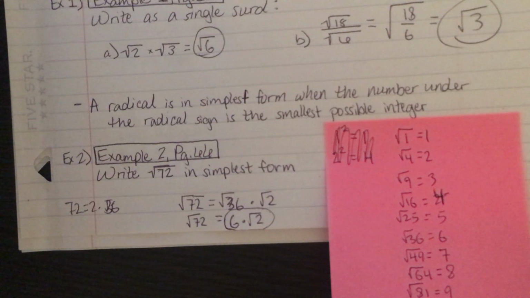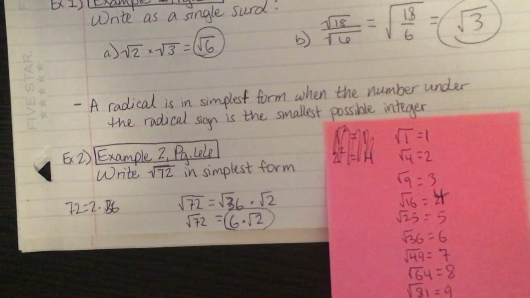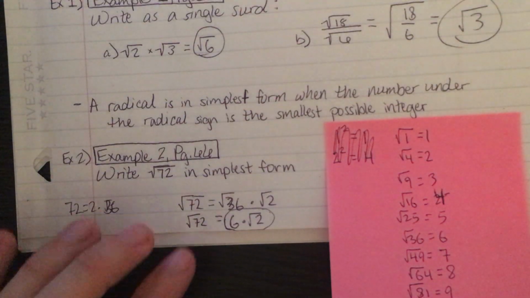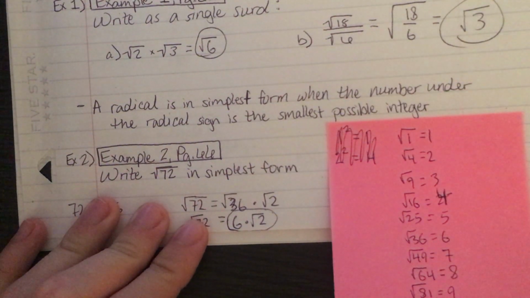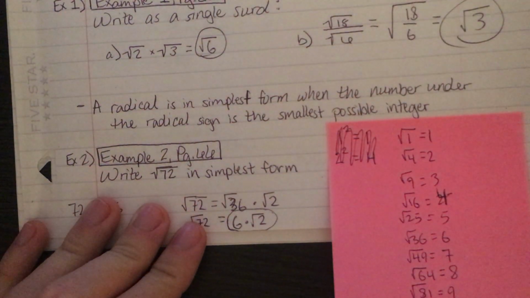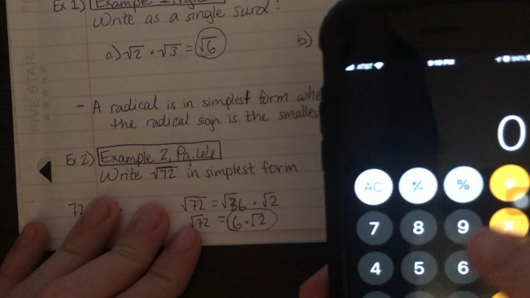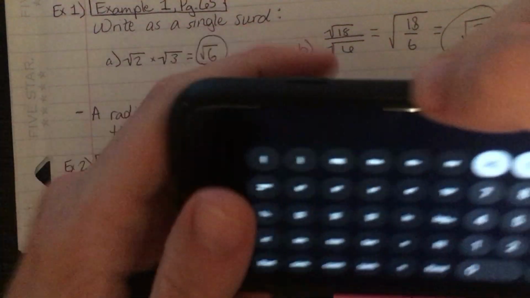The square root of 2 is approximately 1.4. So all you'd have to do to figure out what the square root of 72 is equal to is 6 times the square root of 2. And again, I do want to emphasize that that is simply multiplying the square root of 2.